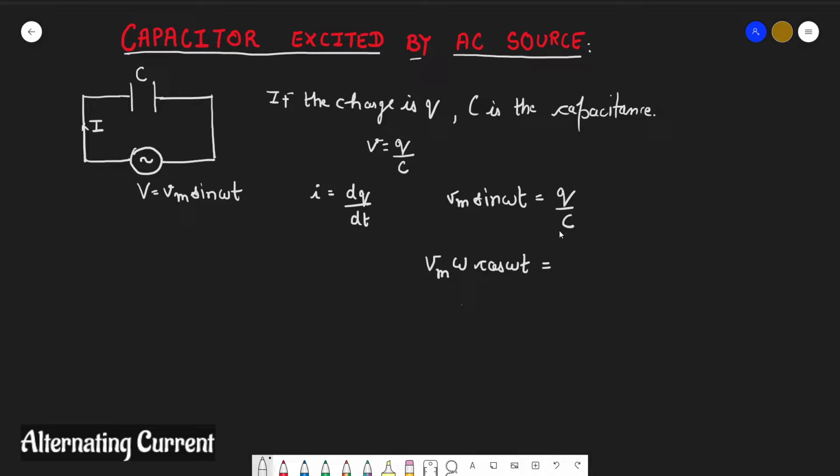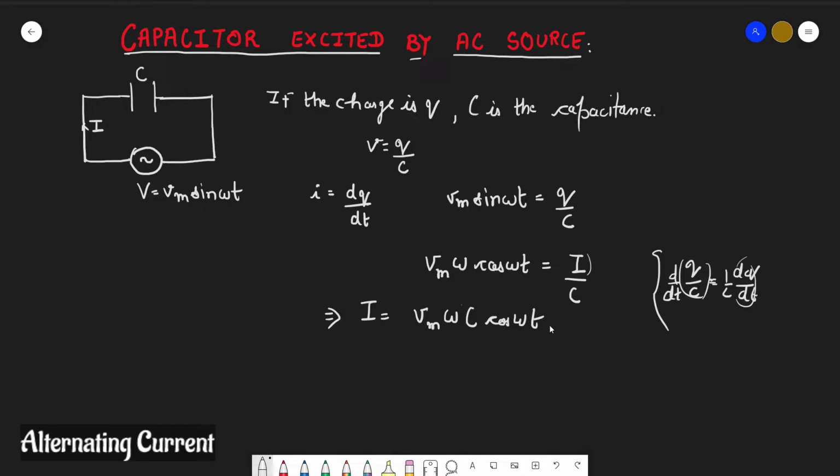And 1 by C is constant, it will come outside, and dq by dt is the current I. So I am explaining it here: differentiating q by c with respect to time, 1 by c will be outside, and dq by dt I can write as current. So you can write I is equal to Vm omega C cos of omega t.